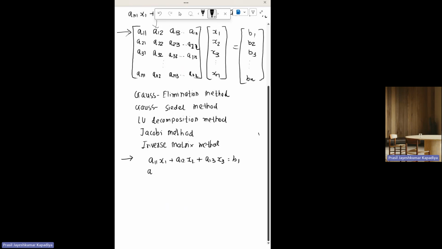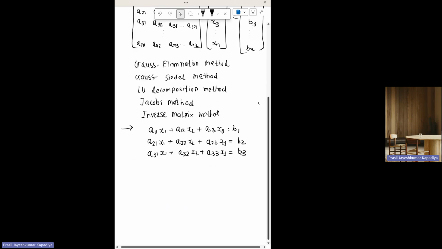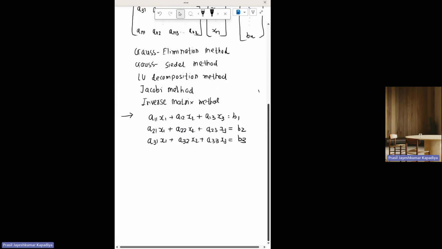Then my second equation is a21 x1 plus a22 x2 plus a23 x3 is equal to b2, and my third equation is a31 x1 plus a32 x2 plus a33 x3 is equal to b3. Let's say I want to solve these three simultaneous equations.